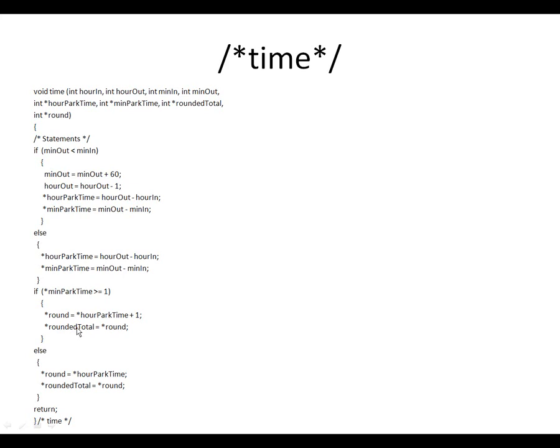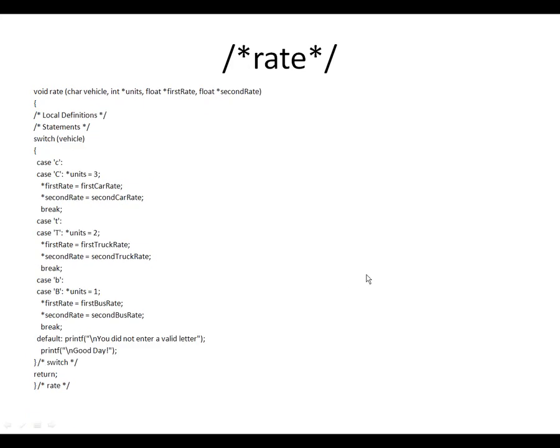Anyways, the next one is my rate routine. This is where I use a case statement and a switch. I say switch vehicle. If the vehicle that I have is lowercase c or uppercase C, I want to put 3 in the address location units, so everybody can have access to it, all the other routines.